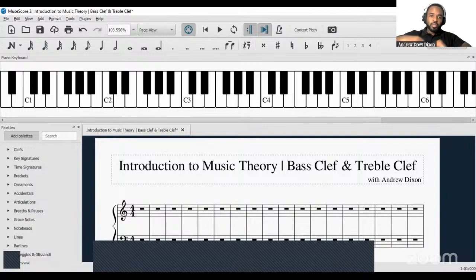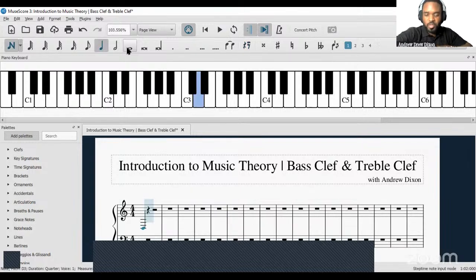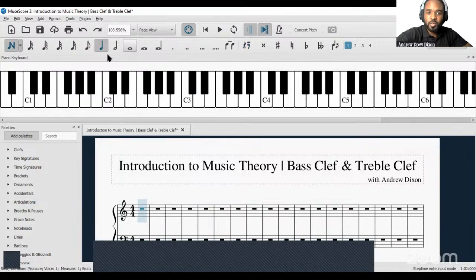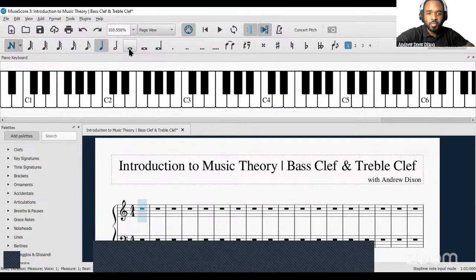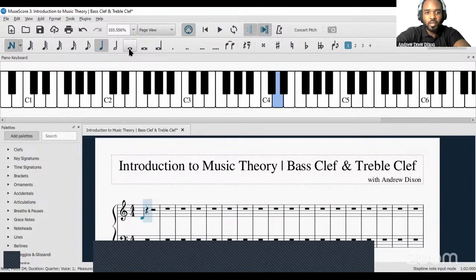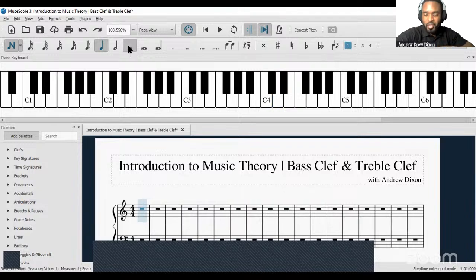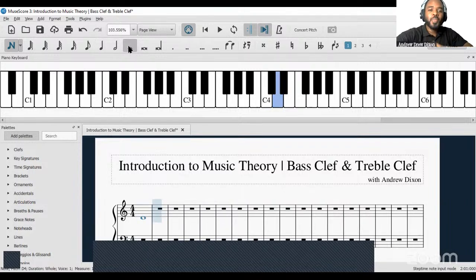Just to recap, we looked at the whole note, and we said that the whole note gets 4 counts.